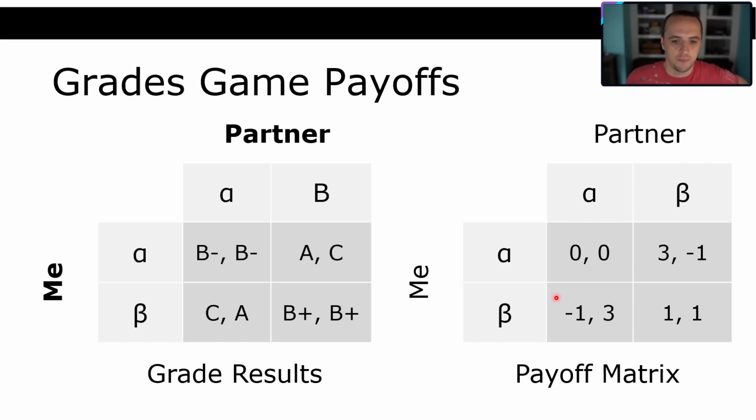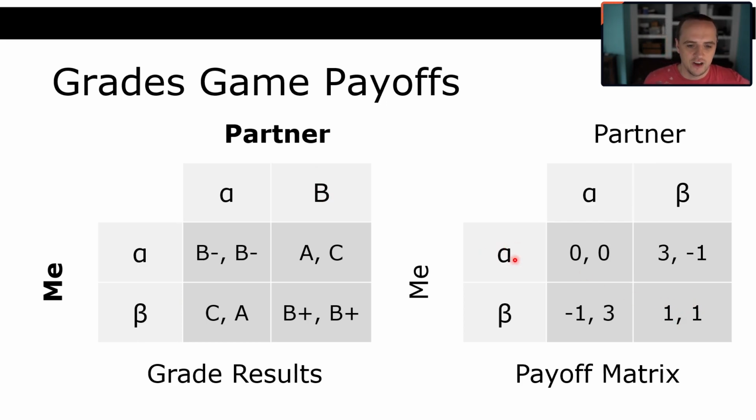The payoff matrix is just a numerical assignment of outcomes to numbers. So over here, if I choose alpha and you choose alpha, we're both getting a B minus. That's a neutral grade, so we're both going to get 0. A B plus is a little bit better, right? I only really care about myself. So if I choose beta and you choose beta, then we both get 1, because we get a B plus instead of a B minus.